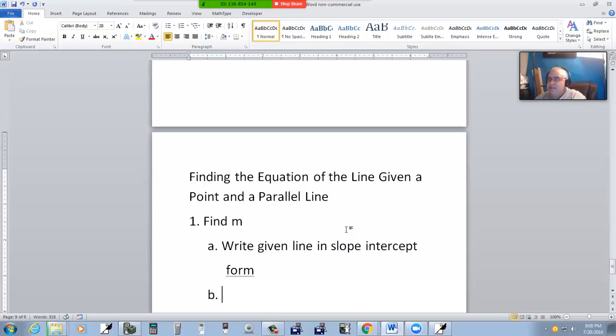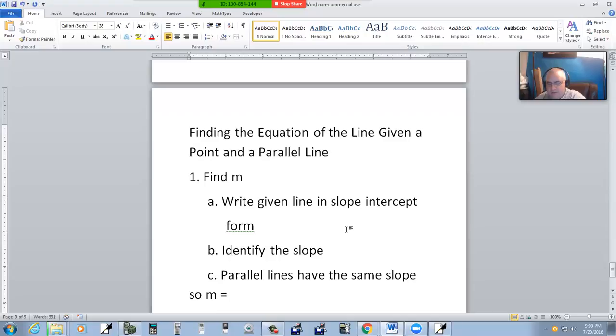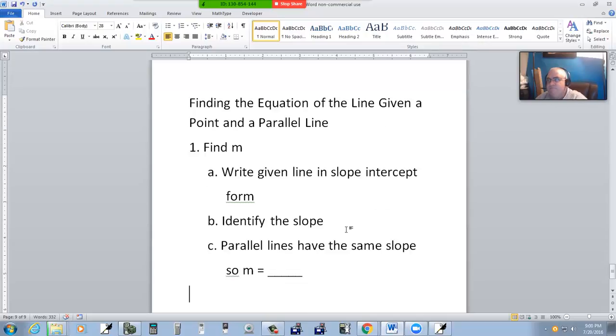Our second substep is to identify the slope. Our third substep says parallel lines have the same slope, so m is going to equal to, and I'll just put a blank there and we'll talk more about that with our example.